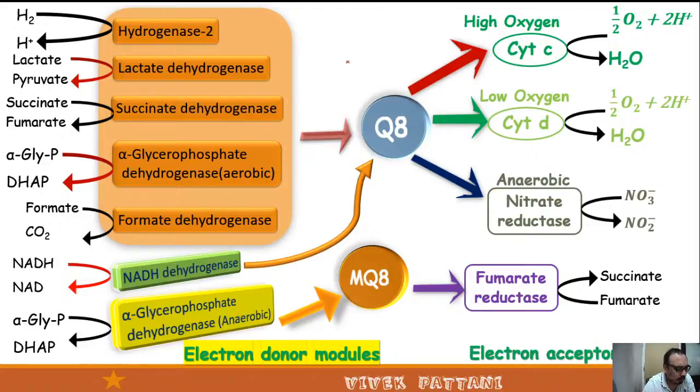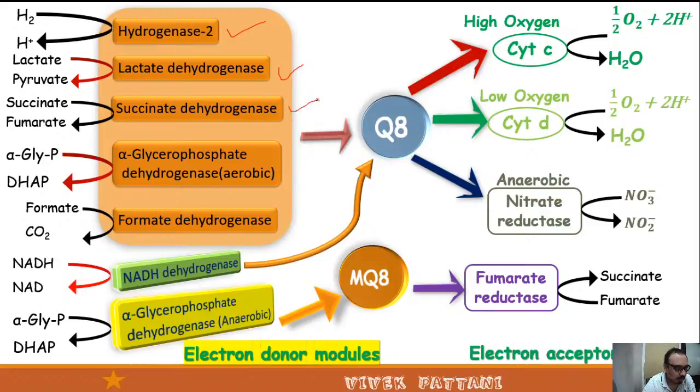This example given here is of the modules of E. coli. So starting with the first one, hydrogenase enzyme 2, where hydrogen will be converted into hydrogen ion. The second enzyme is lactate dehydrogenase, where lactate will be converted into pyruvate.